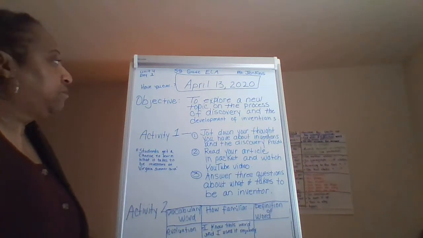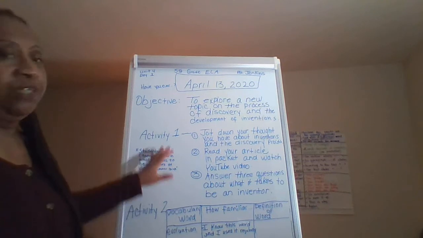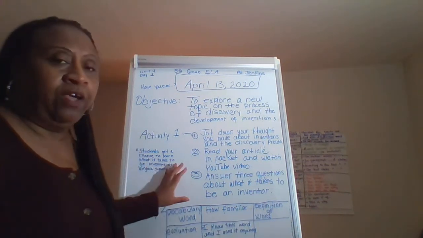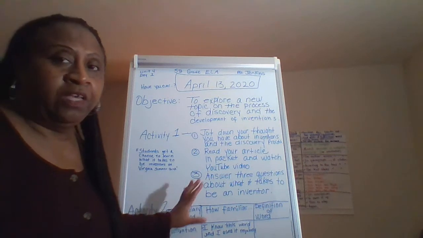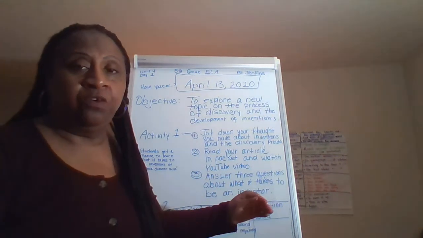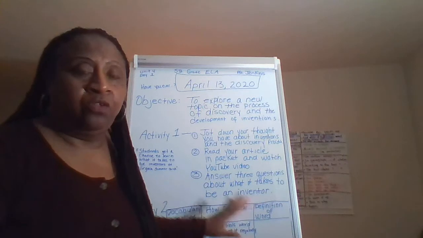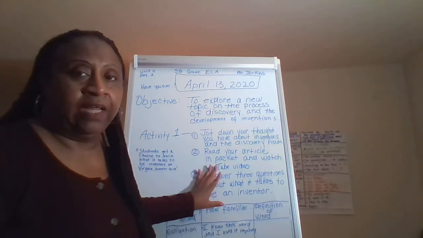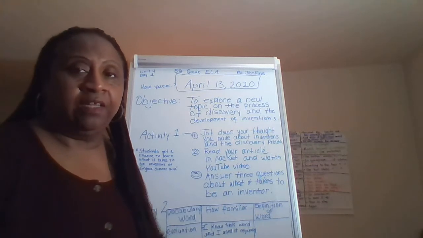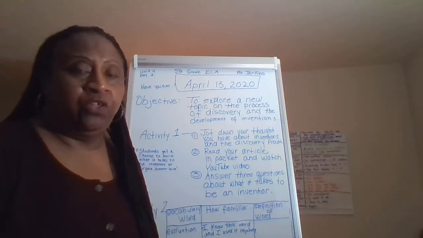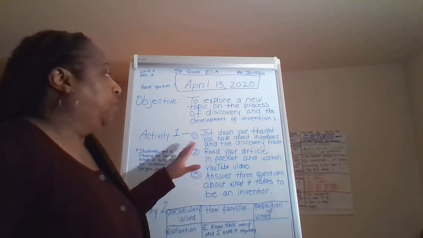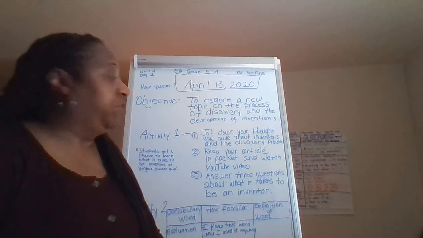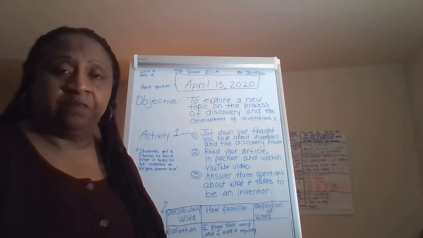Okay, so the first thing we're going to do in activity 1 is you have a special area in activity 1 in your packet, or if you're using the lesson online, you'll be downloading this lesson online, and you have an area in activity 1 where you are going to jot down some of your ideas and your thoughts about inventions and discovering and the discovery process.